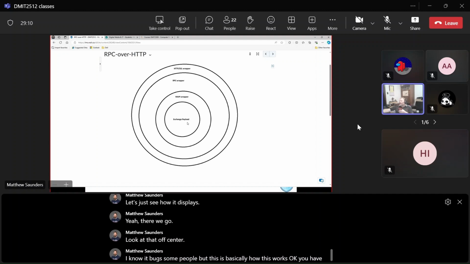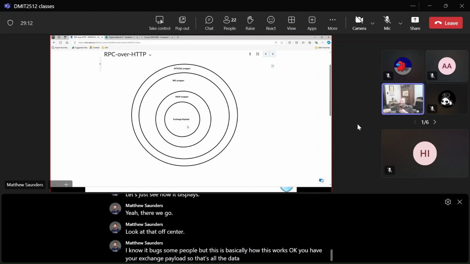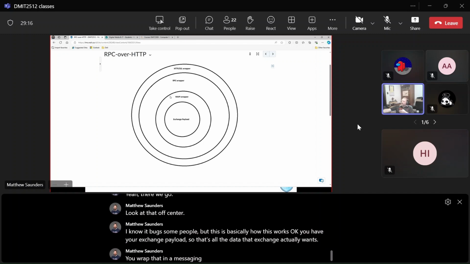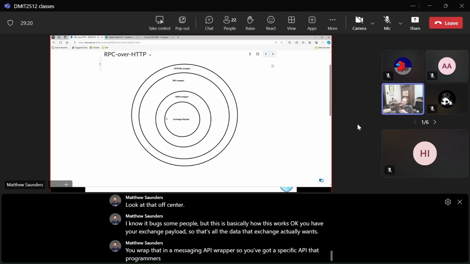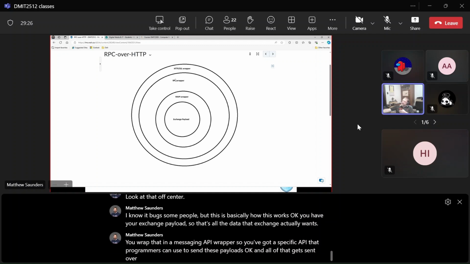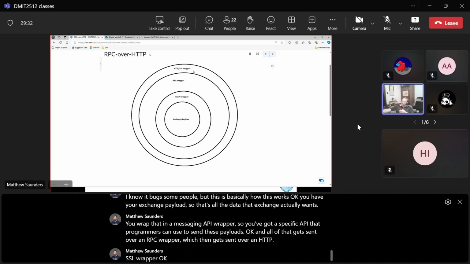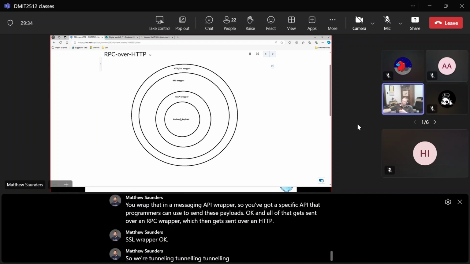You have your Exchange payload, which is all the data that Exchange actually wants. You wrap that in a messaging API wrapper, so there's a specific API that programmers can use to send these payloads. All of that gets sent over an RPC wrapper, which then gets sent over an HTTP SSL wrapper. So we're tunneling the payload.